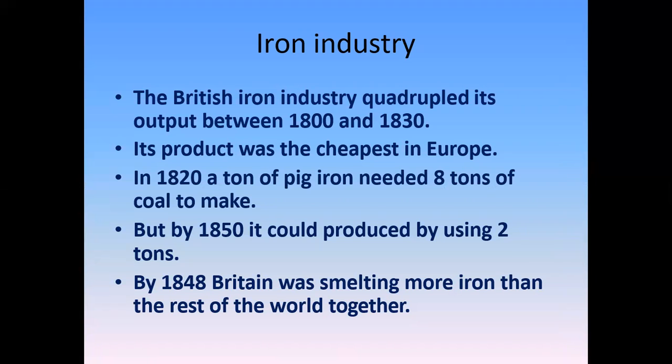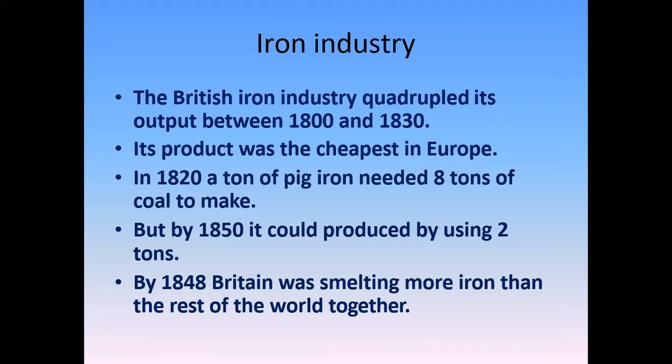Since the coal fields were near the coast, shipbuilding increased, as did the shipping trade. So the British iron industry quadrupled its output between 1800 and 1830, and its product was the cheapest in Europe.